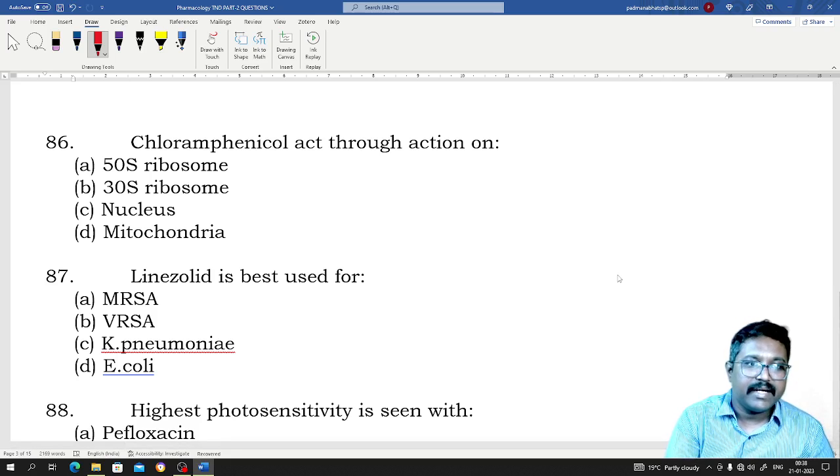Next, moving on to the 86th MCQ, that is chloramphenicol acts through, again a direct answer. It acts through the 50S ribosomal unit. So the mnemonic you can remember is buy at 30, sell at 50.